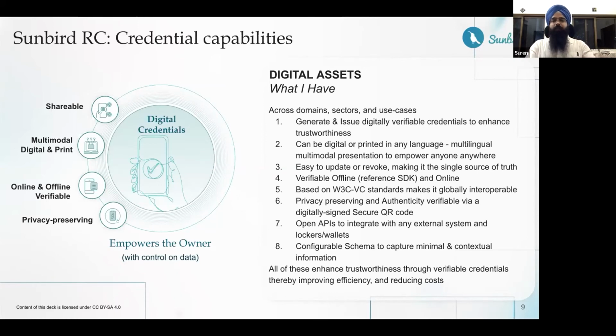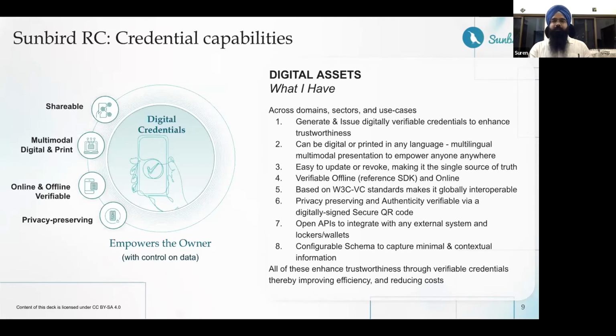It's easy to update and revoke these credentials, making them, again, a very trustworthy source of truth. Sunbird RC offers an offline verifiable SDK, and also the online verification APIs out of the box. It leverages the W3C standard, which is a global standard adopted by various bodies.